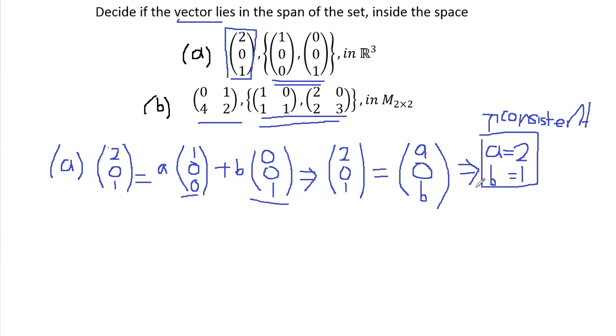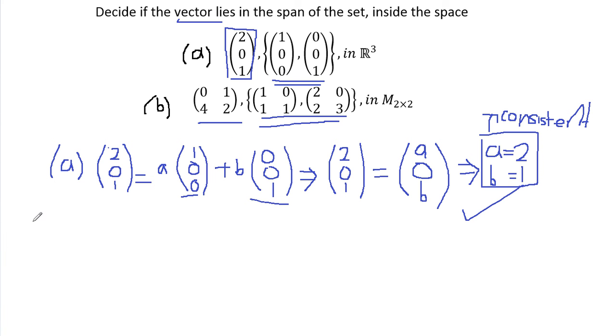We can do a check by substituting this in the second row. So 2 times 0 equals 0, 1 times 0 equals 0 gives me 0. So for the first one, it is proven that it lies inside the span of the set.